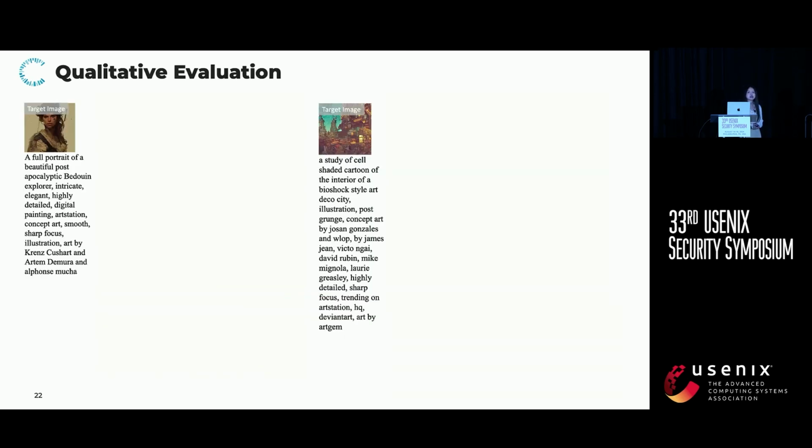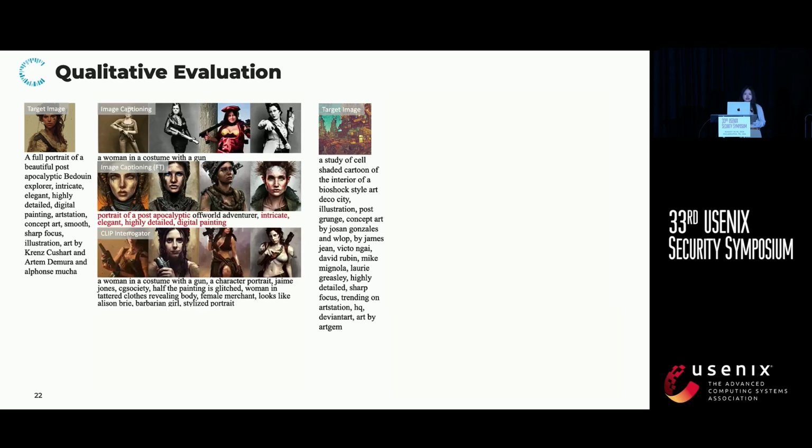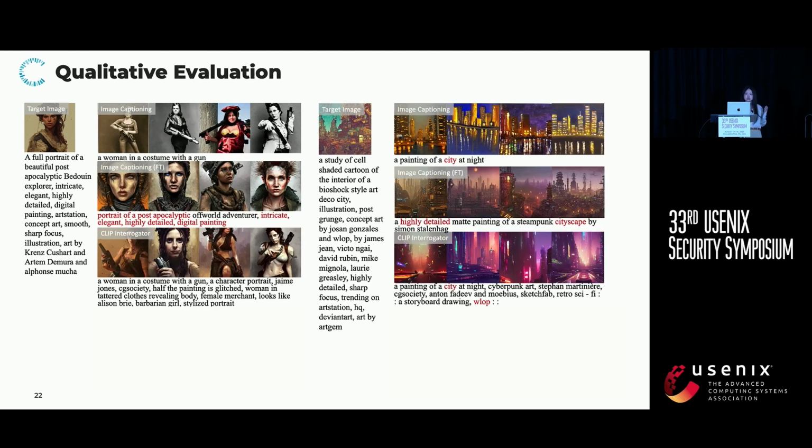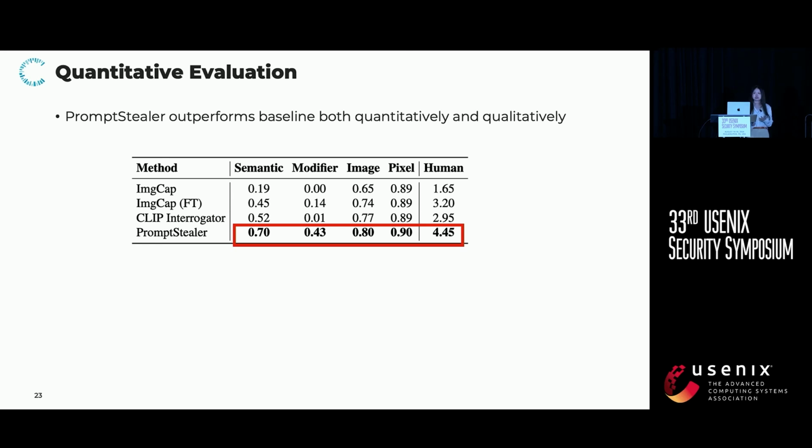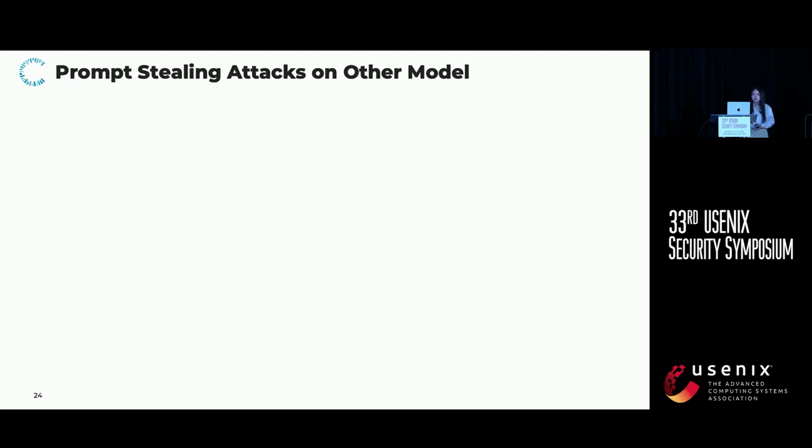So here are the results. These are the two target images and the corresponding target prompts. And here is the performance of the three baselines, and this is the performance of PromptStealer. So you can see that indeed PromptStealer performs better both in terms of prompt and the images. And from the perspective of the quantitative metrics, PromptStealer also achieved better results. We also did a lot of ablation studies.